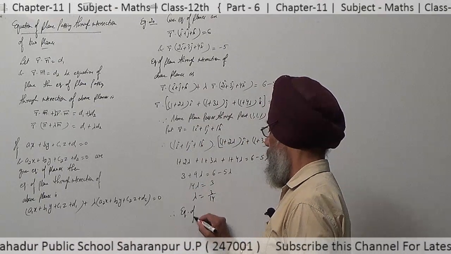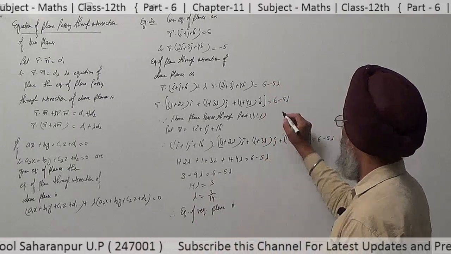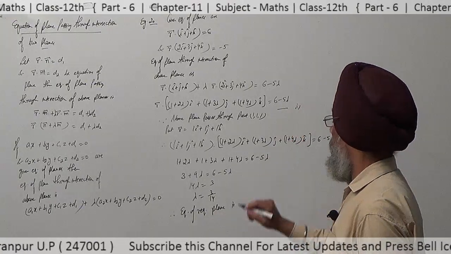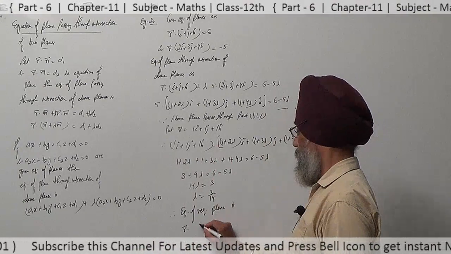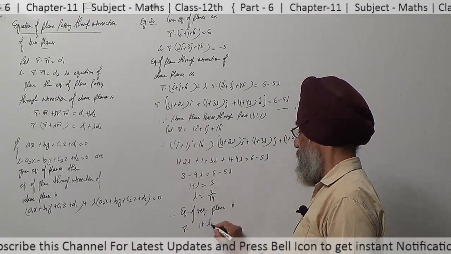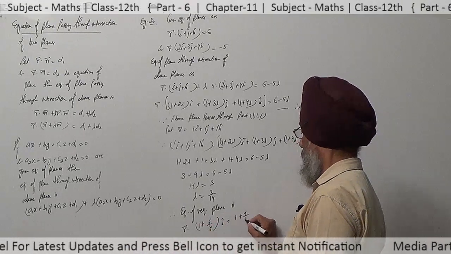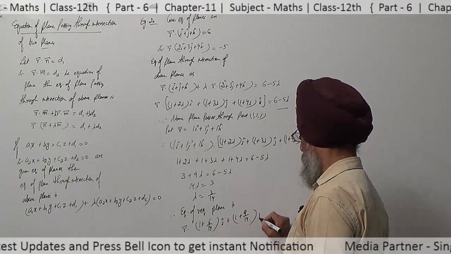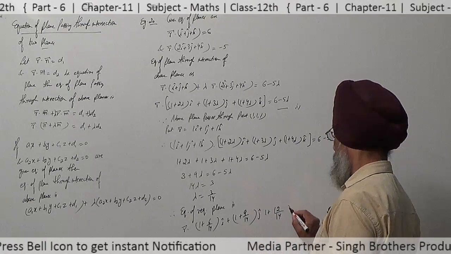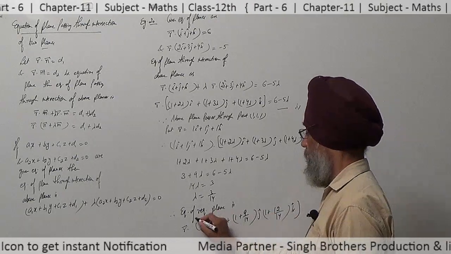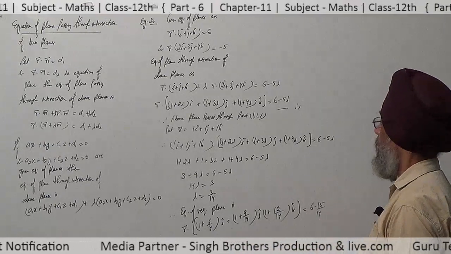Therefore, the equation of the required plane, placing the value of lambda here, is r dot ((1 plus 6 upon 14) i cap, (1 plus 9 upon 14) j cap, (1 plus 12 upon 14) k cap) is equal to 6 minus 15 upon 14.